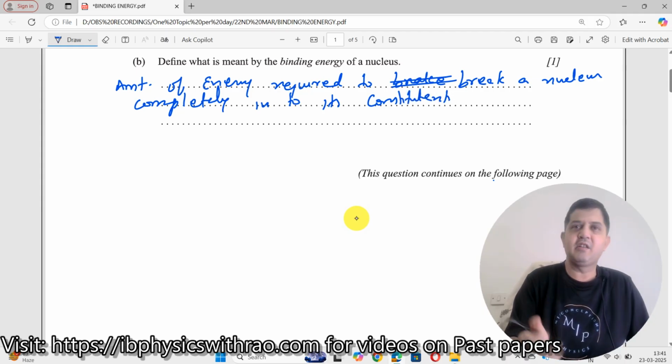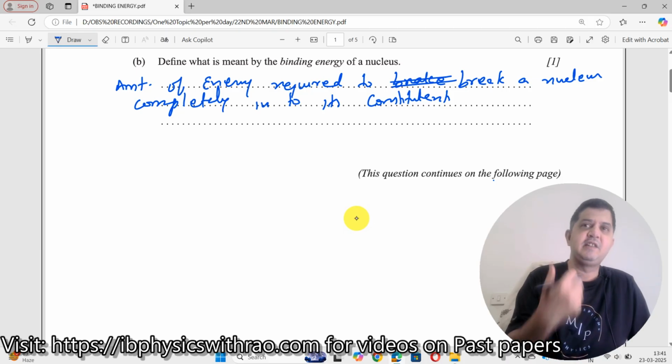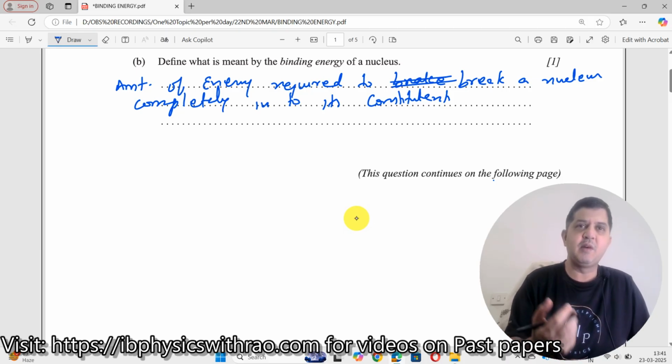So how much energy you need to supply so that you can break a nucleus completely into its constituents. This is what is meant by the binding energy of a nucleus.